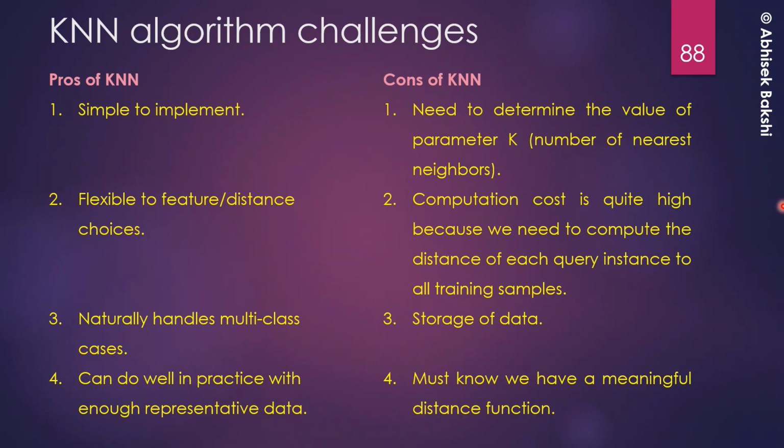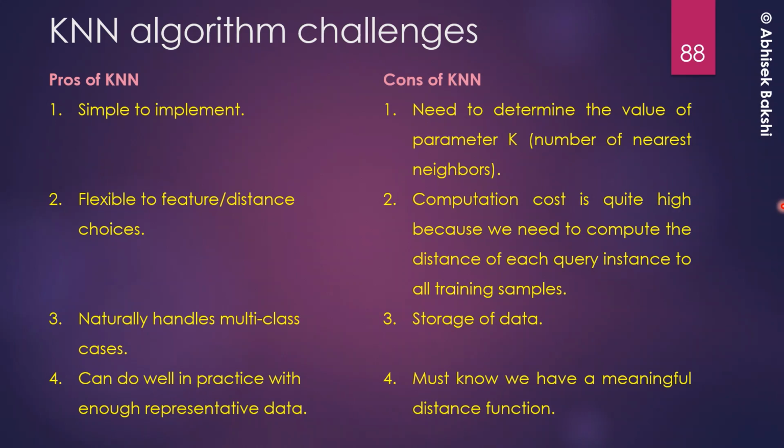But the problem is determining this value of k, that means how many neighbors you will consider as nearest neighbors, based on which you decide which class you will put the point in. That's a very crucial factor. So finding that value is very important. If you have anything wrong over there, your entire prediction will be wrong.